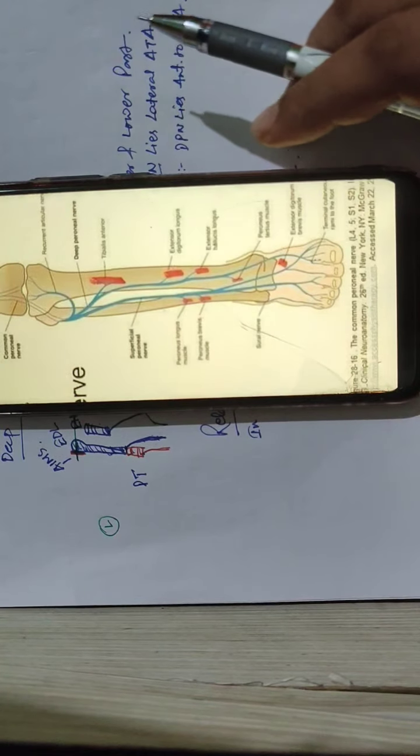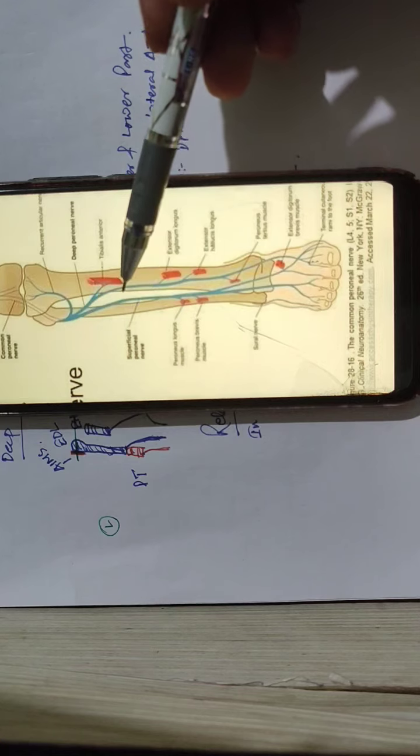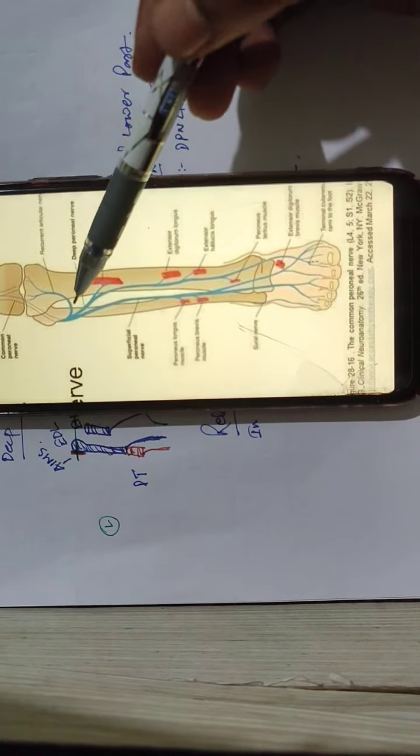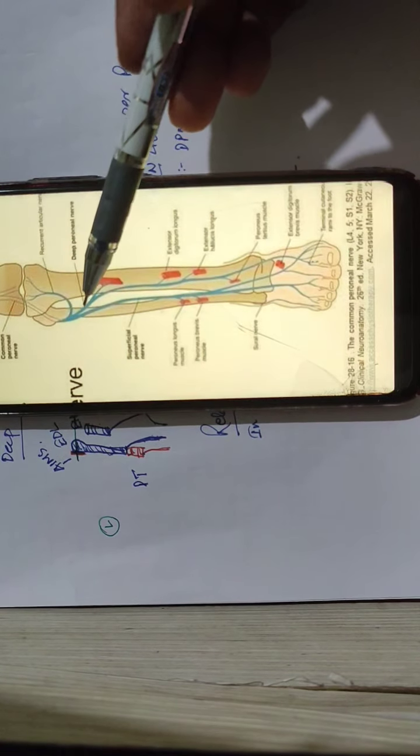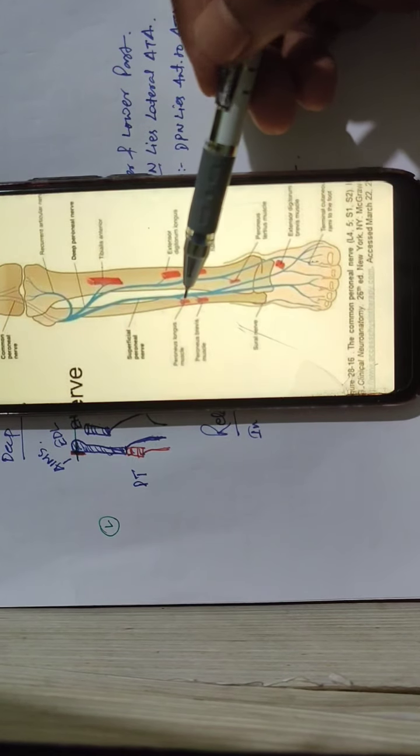Now come to the superficial peroneal nerve. After dividing from the posterolateral aspect of the neck of the fibula, it goes downwards and enters the peroneus longus muscle.